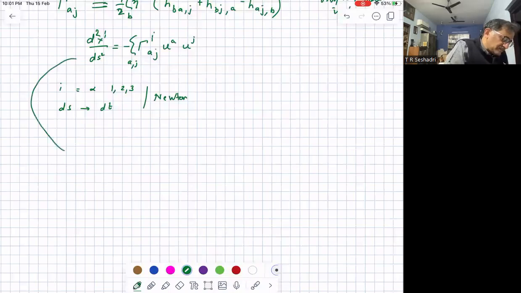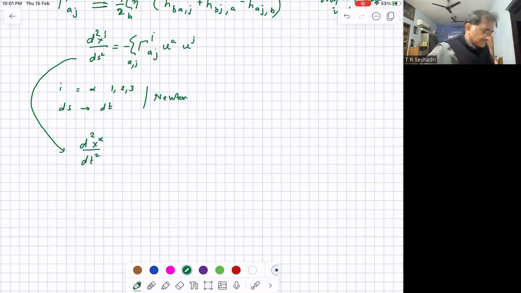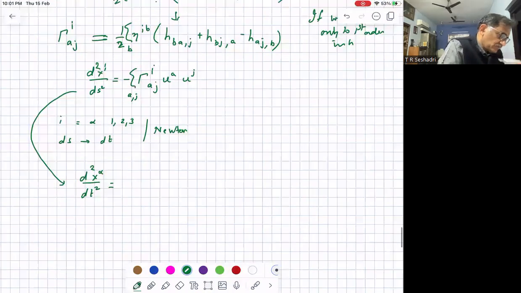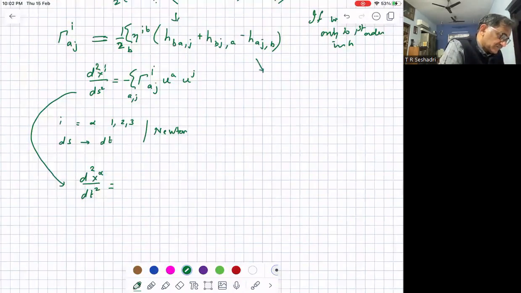So the left-hand side is d2x alpha by dt square, the acceleration. And this is equal to, now I want I as only alpha. So let me go to this thing.